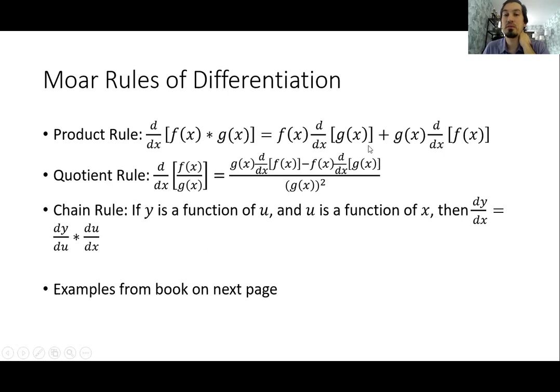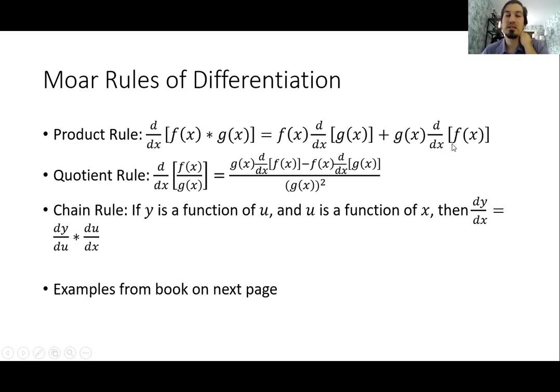That's the first term. Plus, now I have g, and I'm going to leave g the same, whatever was g. But I'm going to take the derivative of f and multiply it together. Another way you might see this is f g prime plus g f prime.